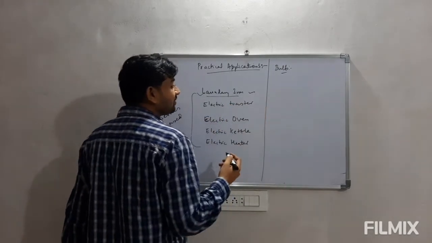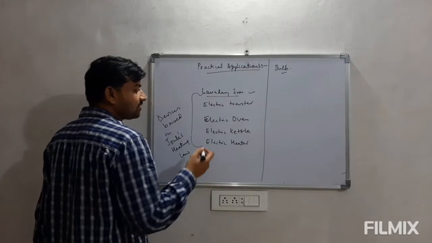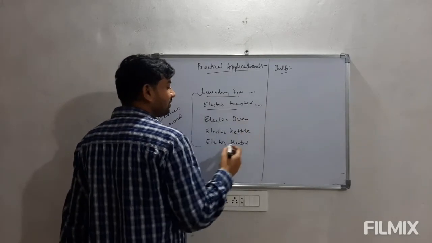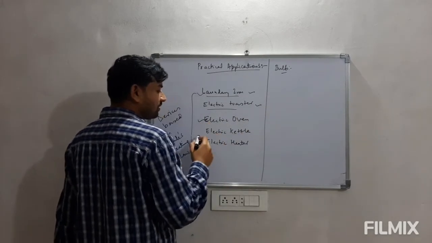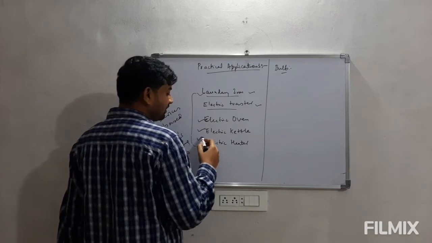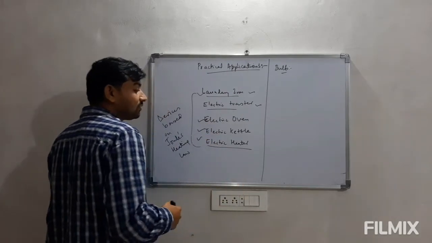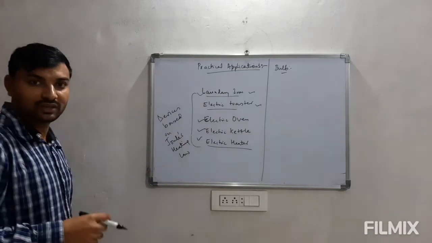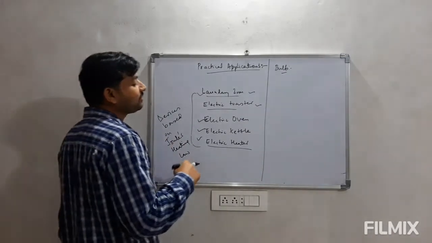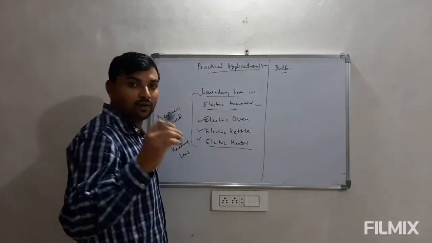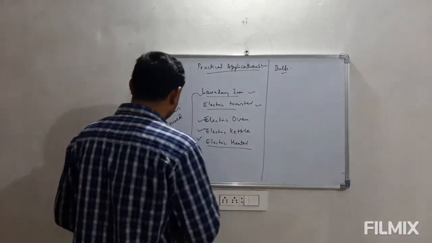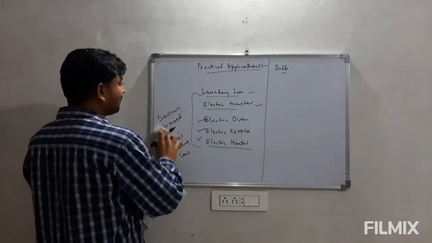That is nothing but due to the heating effect of electric current. Then we have electric toaster, electric oven, electric kettle and electric heater. These are all examples that operate by using the heating effect of electric current. So these are all based on Joule's heating law.